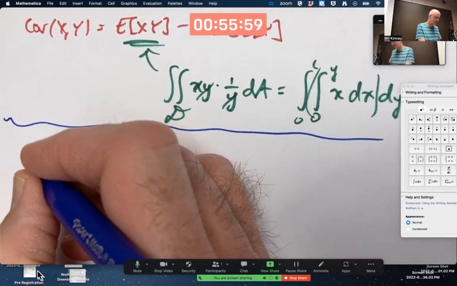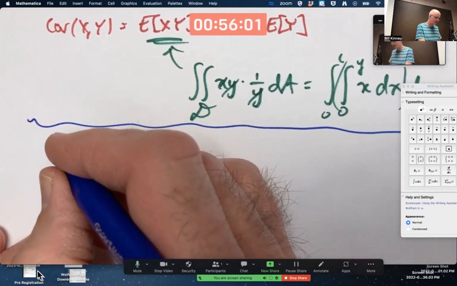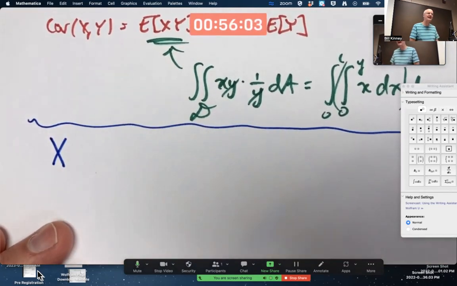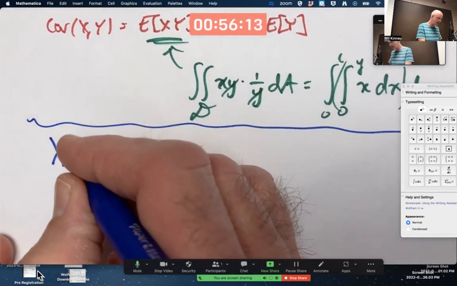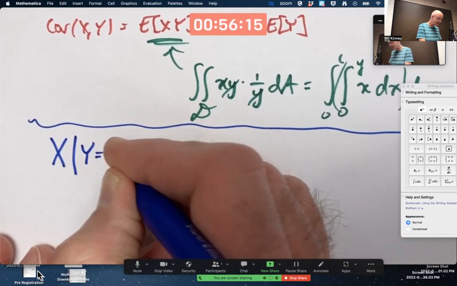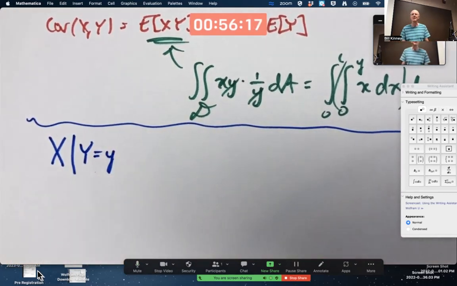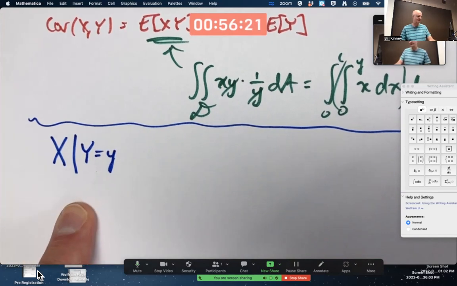We want to consider, for example, the values of x if we happen to know the value of y, conditioned on knowing the value of y. How about writing the random variable like this? This is one random variable here.